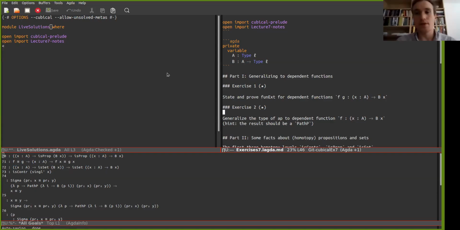Okay, let me share my screen. I hope you can all see my Emacs. I'm trying to monitor the chat.